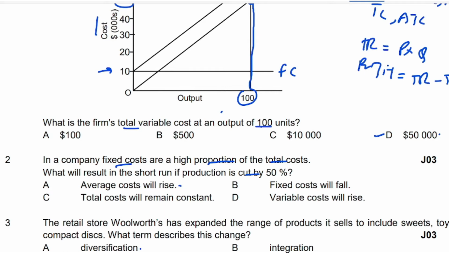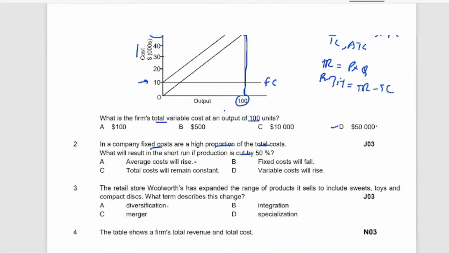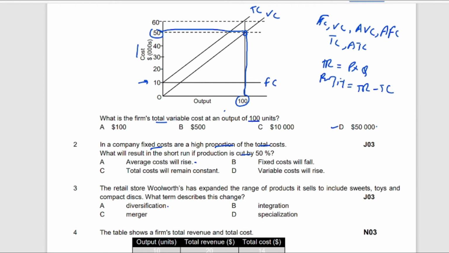If we cut down production, then definitely our variable cost will fall, but our average cost will rise. Average cost will rise because most of the cost includes average fixed cost that cannot be avoided. So it will lead to higher average cost. So option A is the correct answer.